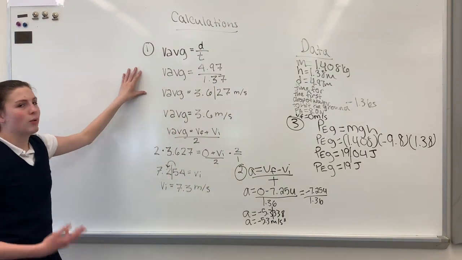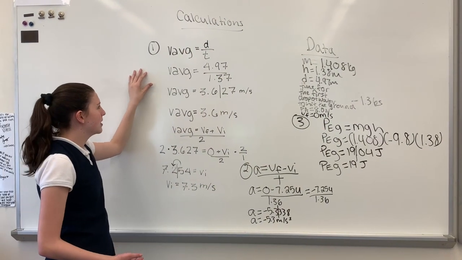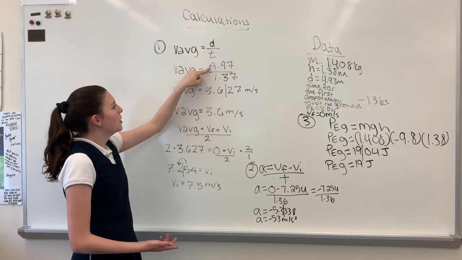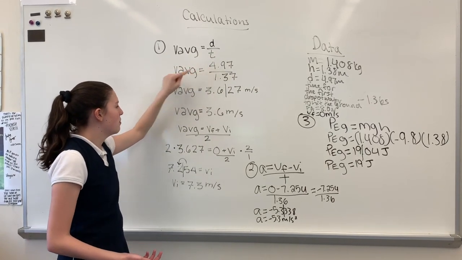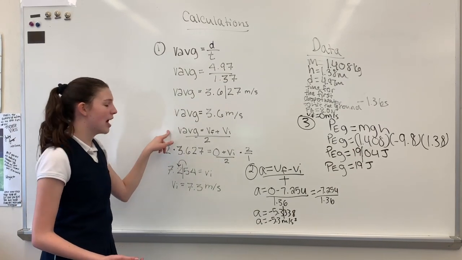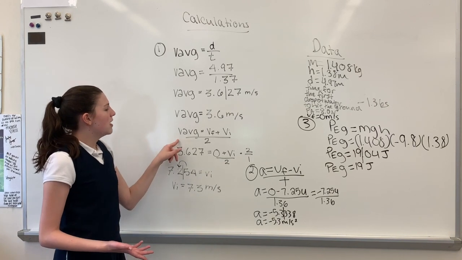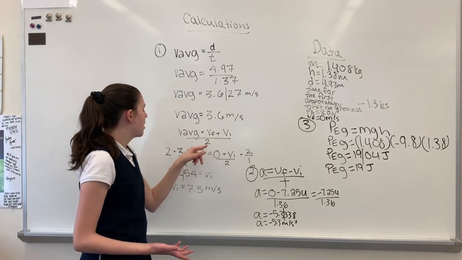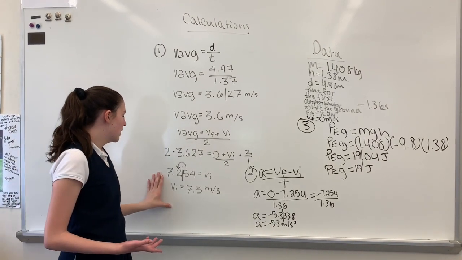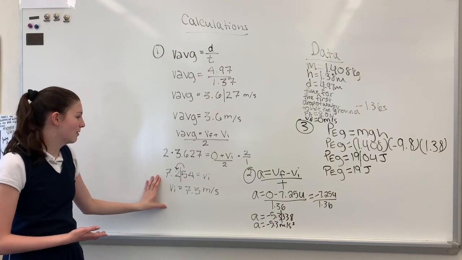First, what we had to do is calculate our average velocity, which is d over t. So V average is 4.97 over 1.37, and we got our average velocity is 3.6 meters per second. Then we use that to plug into the equation V average equals VF plus VI over 2. If we do that out, then we get our VI is 7.3 meters per second.